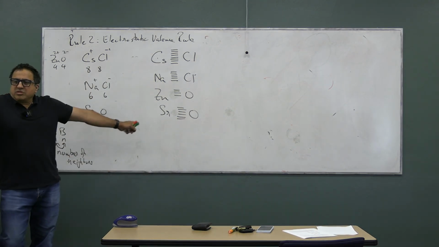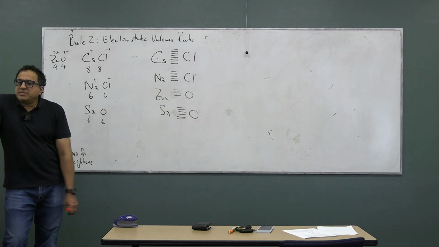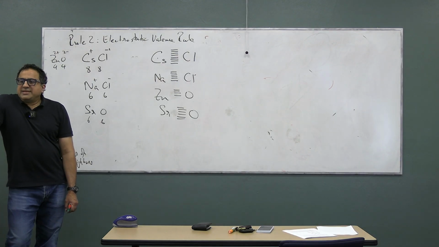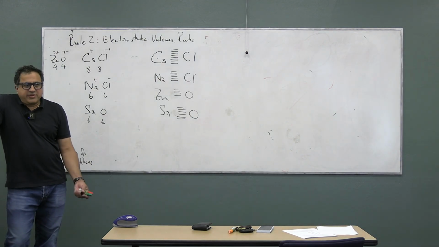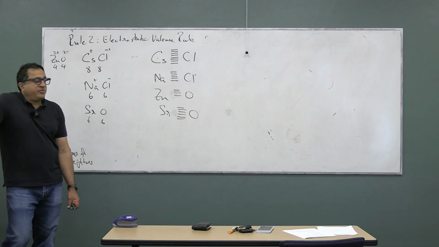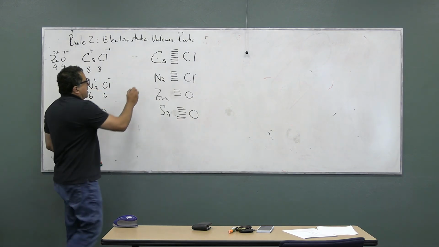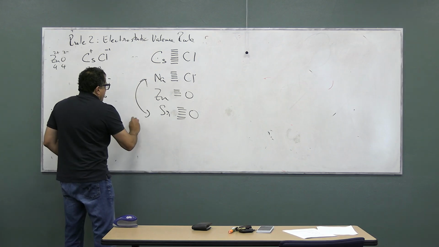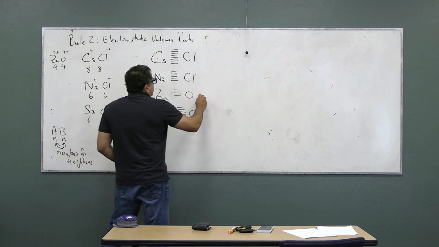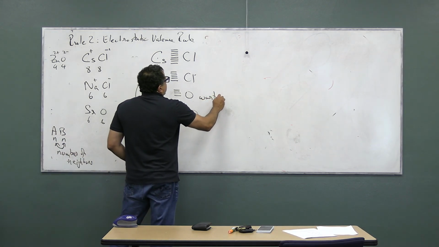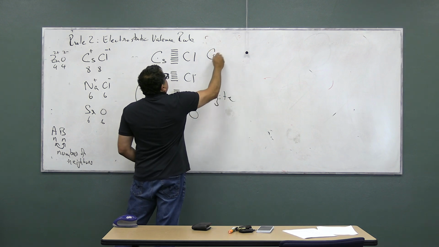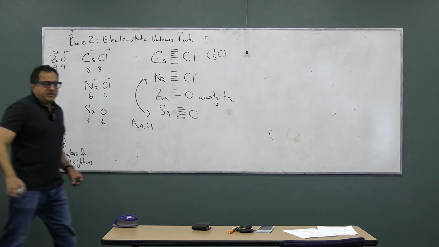Okay? So each strontium has 6 oxygen neighbors. Each oxygen has 6 strontium neighbors, vice versa. When I show you the structures, these two are sodium chloride structures, NaCl structure. This structure, which I'll show you, is called wurtzite, and this structure is called the CsCl structure. They're all different.